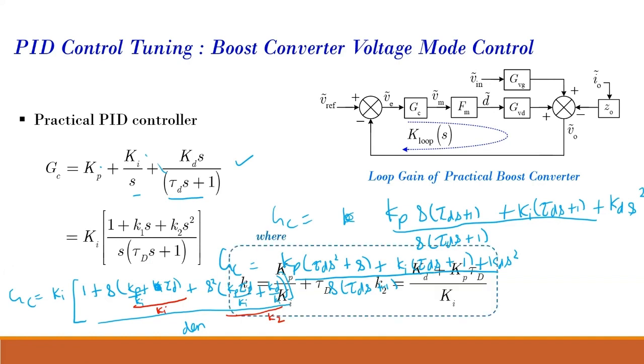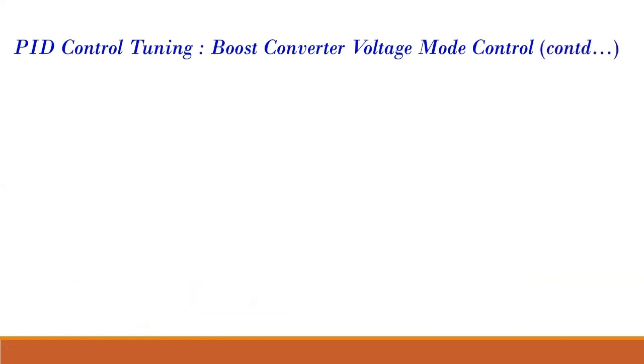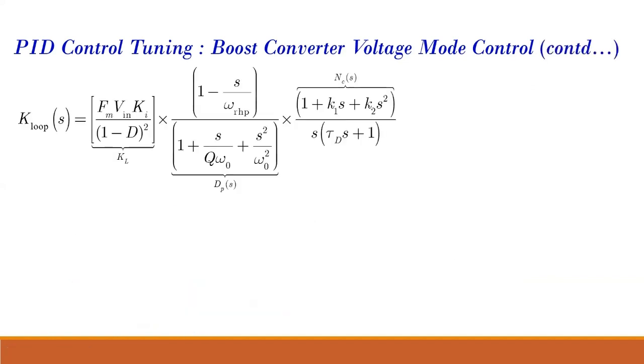That is how they write it as K1, K2. Similarly, this is my loop transfer function. What we have done is, this is my loop, this is my GVD of this. And all the DC components are clubbed into KL.